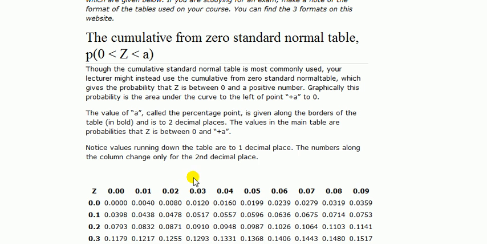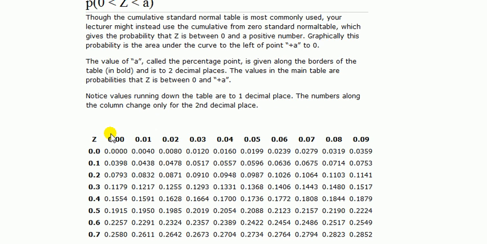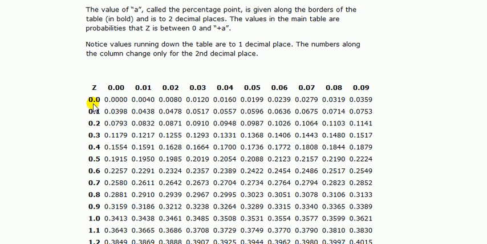The table is from statisticsmentor.com. So the percentage points, critical values, are given by the numbers in bold here, running along here. That gives me the critical values up to the first decimal place, and along here gives me the second decimal place.